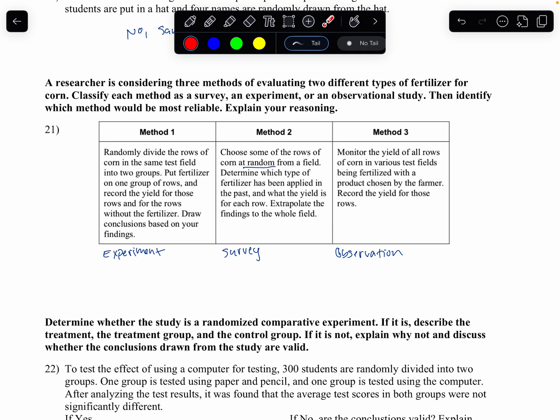If an experiment is done well, then you eliminate variables, so there's a stronger cause and effect. And we want the strongest possible cause and effect answer that we can get. So I would say the experiment for cause and effect.